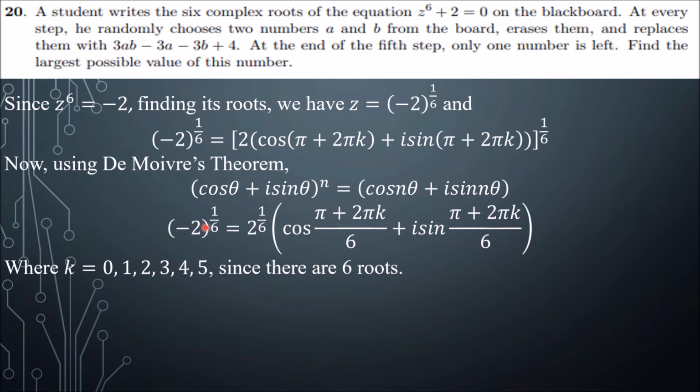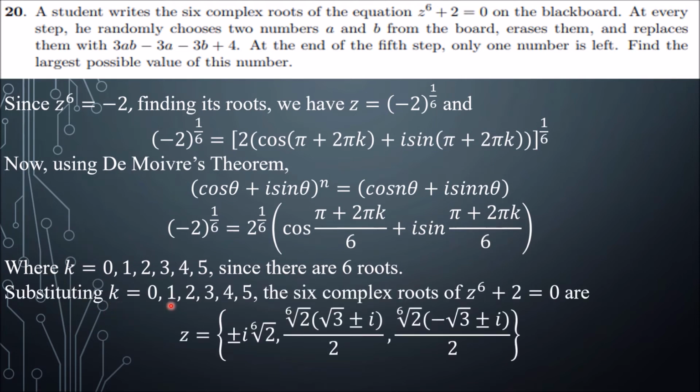So negative 2 raised to 1 over 6 is equal to 2 raised to 1 over 6 times cosine of pi plus 2 pi k over 6, plus i sine of pi plus 2 pi k over 6, where k is equal to 0 up to 5. Why? Because there are 6 roots. So from 0 to 5, there are 6 numbers.